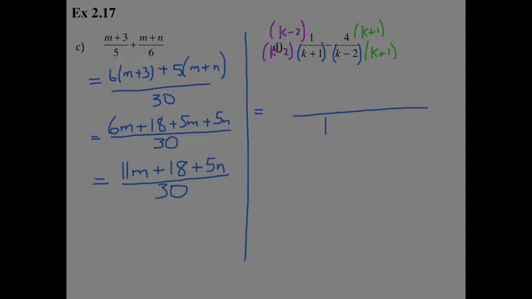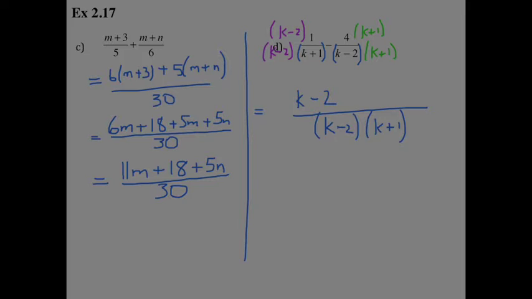They have a k take 2 and they have a k plus 1. On the top, I've got 1 being multiplied to the k take 2, so let's multiply that out. 1 times k is k, 1 times minus 2 is minus 2.